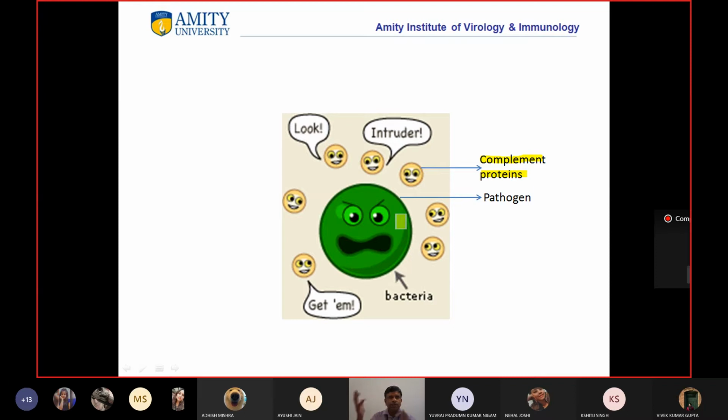When the immune system senses the presence of a pathogen, the complement system gets activated. There is a lot of signaling in that: a signal goes, messengers and cytokines are produced. So a lot of things happen. Ultimately the whole idea of the complement system is to kill this pathogen.